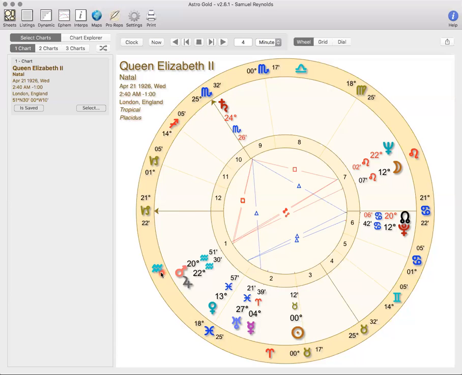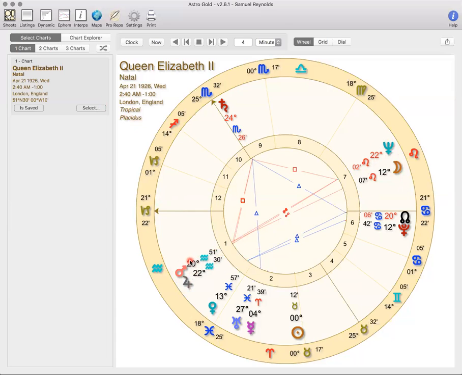But something interesting happened. Aquarius was intercepted, if we're using Placidus, in that first house. So the planets that are in Aquarius, Mars and Jupiter, are also intercepted. A similar thing is happening for the Moon and Neptune in Leo in the opposite place, in what we call the 7th house.